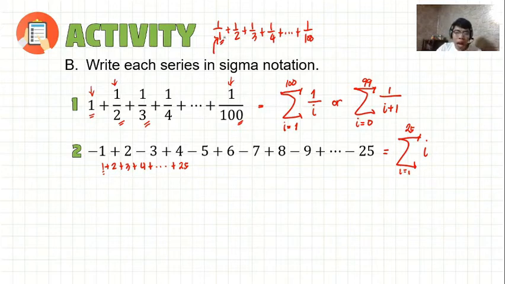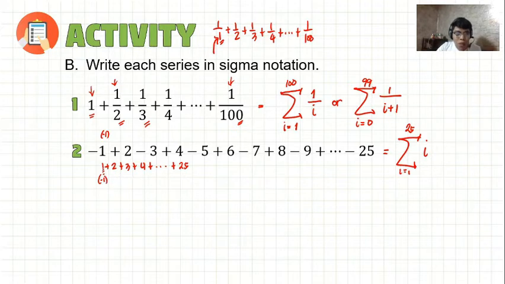Now, what will we do to 1 to get this negative 1? We will just multiply it by negative 1. So I will now multiply it by negative 1. The 1 here, I will just place it here.